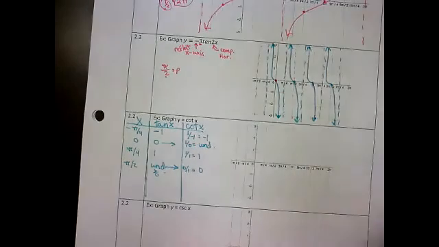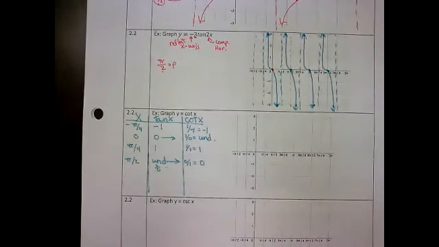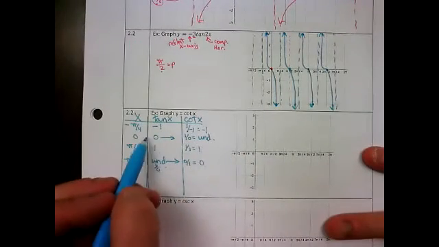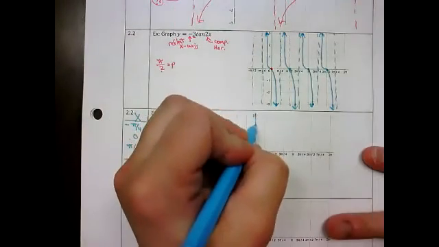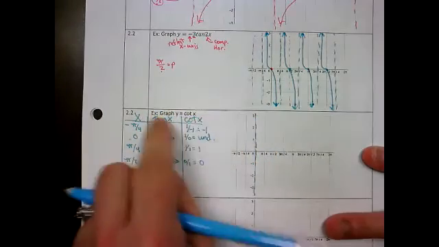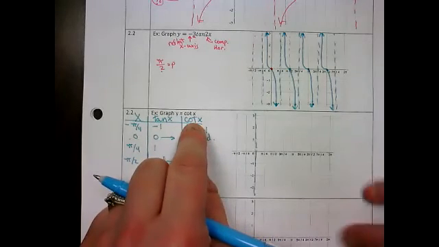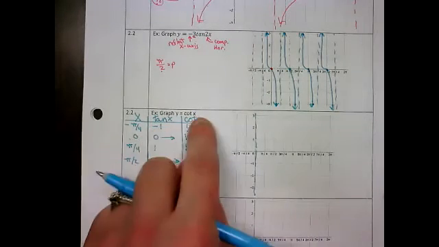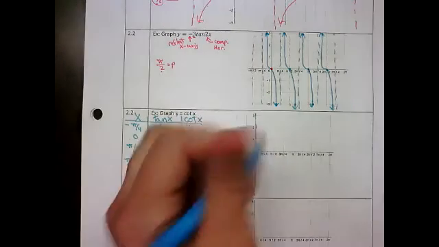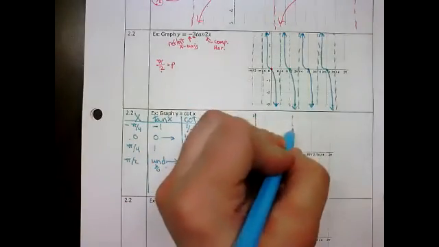So these two are going to swap places. Okay, so now I can graph this thing. I know that my undefined is at 0. Tangent and cotangent are inverses of each other, which means that the period is still pi.